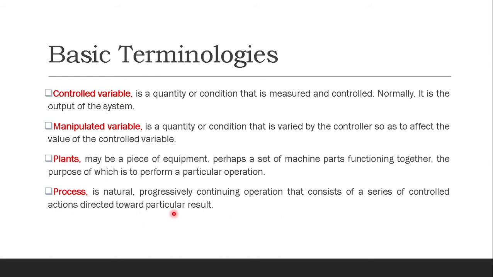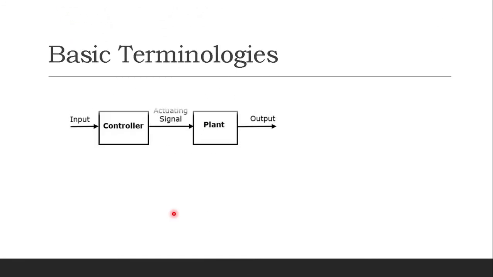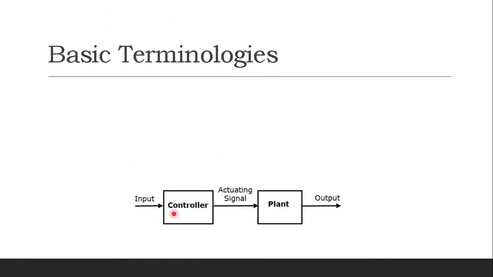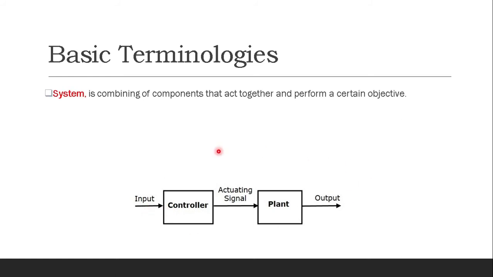The next term that we are going to understand is system. Just ignore this figure right now, I'll come to this point. What is a system? As we are discussing control systems, first we have to understand what a system is. A system is a combination of components that act together and perform a certain objective.